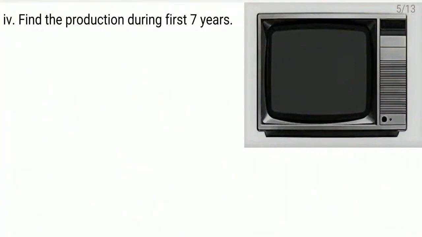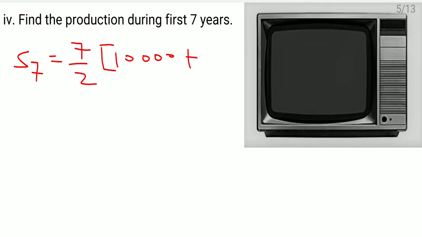Find the production during the first 7 years. They said first 7 years. That means from the start till the 7th year, so we need to find the sum of 7 terms. So here 7 by 2 in the bracket 2A. The value of A is 5000, so 5000 into 2 is 10,000, plus n minus 1, that means 7 minus 1 is 6, and into D. D is 2200.